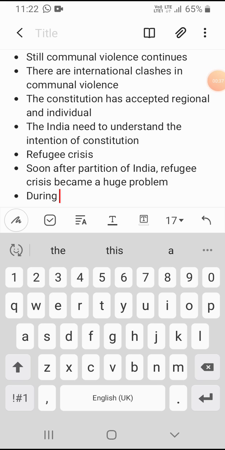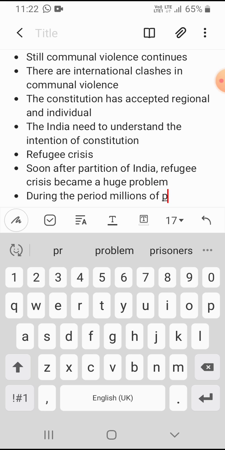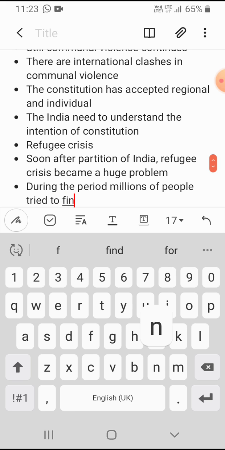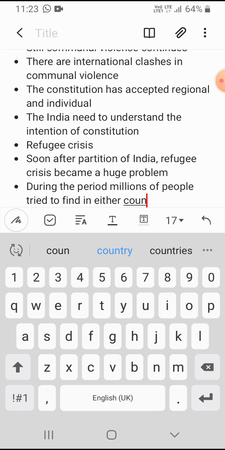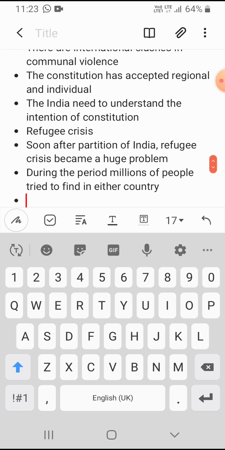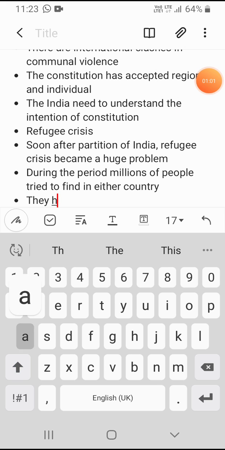During this period, millions of people tried to find jobs and places in either country. They had to leave their native place.